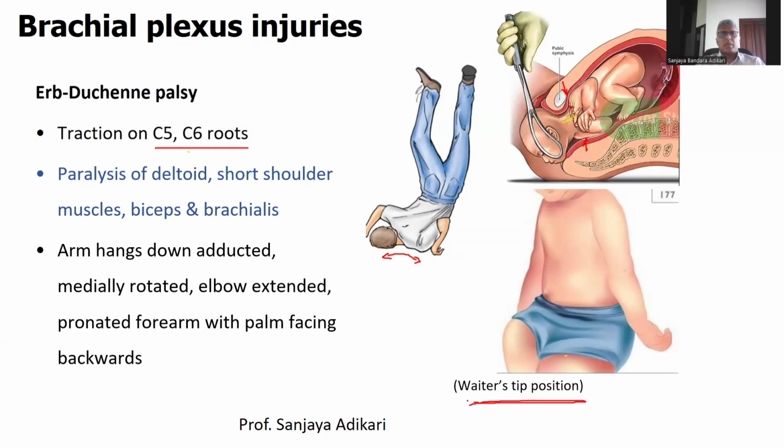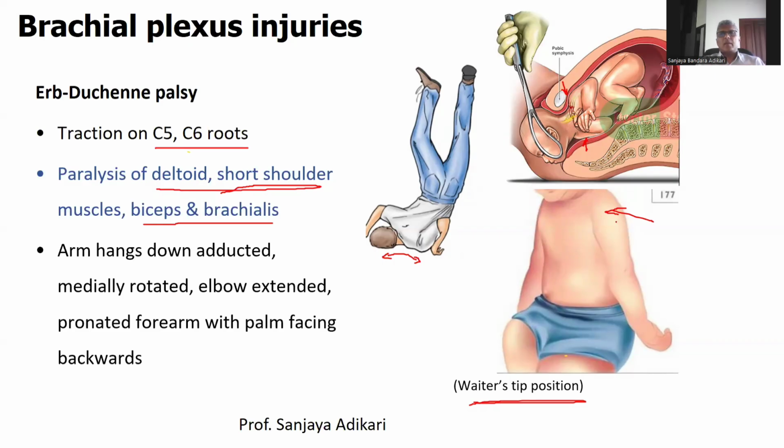But if you go joint by joint, it's interesting. Due to paralysis of the deltoid and other short muscles of the shoulder, biceps and brachialis, because they are supplied by C5 and C6, the shoulder joint is adducted, because the abductors, the deltoid and supraspinatus, are gone.